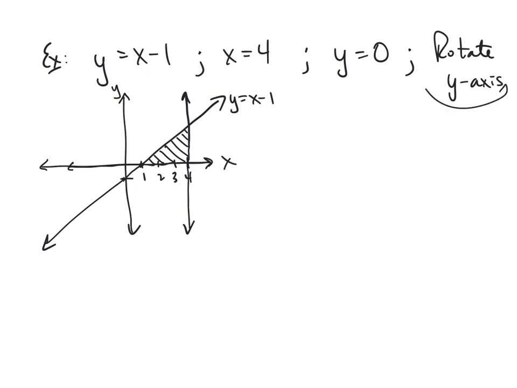Now do the rotation. You can see at the end of my problem, the rotation is around the y-axis. So we're going to take that 2-dimensional shape and rotate it around the y-axis. To help myself out, I'm going to draw a mirror image of the triangle on the other side so I can get a feel. So when I try to make the rotation, I can try to draw at least a decent picture.